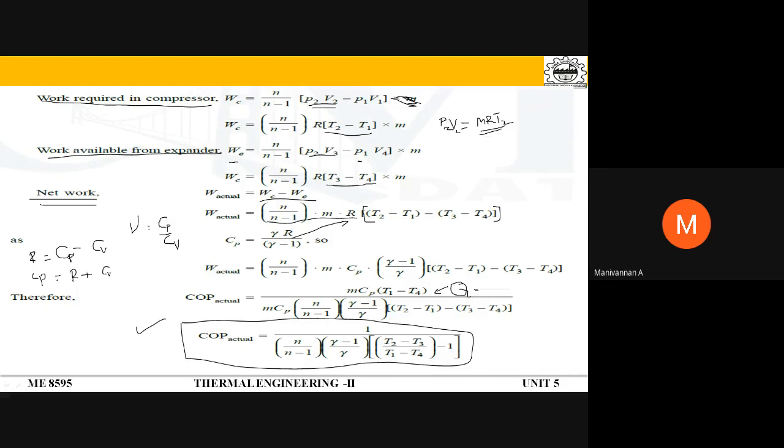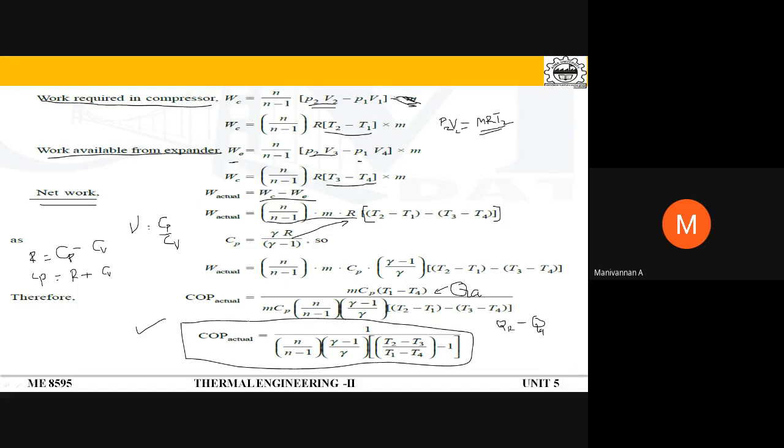This one the Q absorbed. So that will be same as your previous one. Whereas denominator earlier we used to find by heat rejected minus heat absorbed using the first law of thermodynamics that we have developed. So here in actual cycle you have to work with the work of compression minus work of expansion.